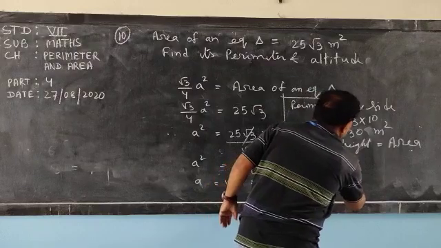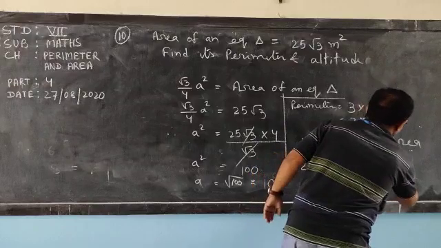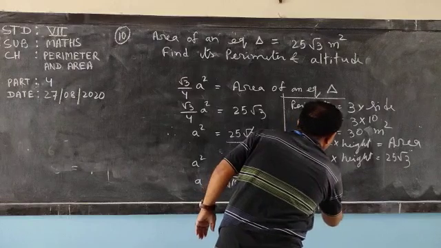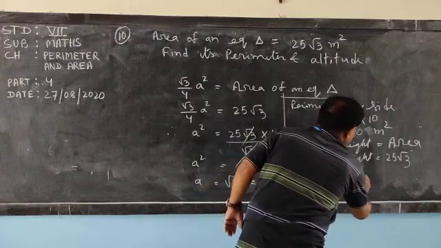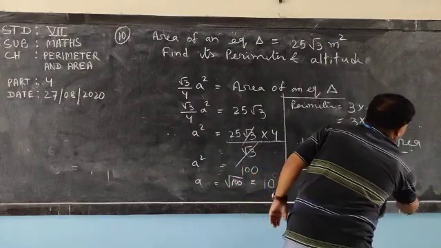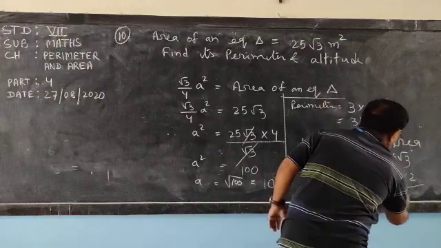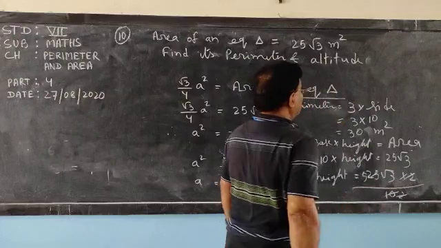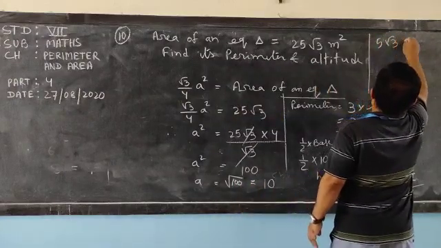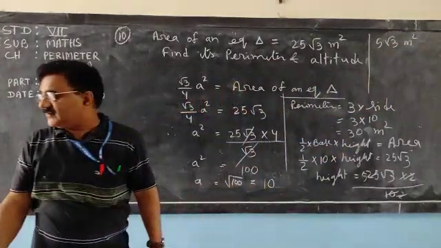Height we are not knowing, area we are knowing, 25 root 3. Keep height here only. Height is equal to 25 root 3 into 2 by 10. 5 5s are 25, 5 2s are 10, 2 2s are 4. Means 5 root 3 meter. And if you are asked to use 1.732, is it given?